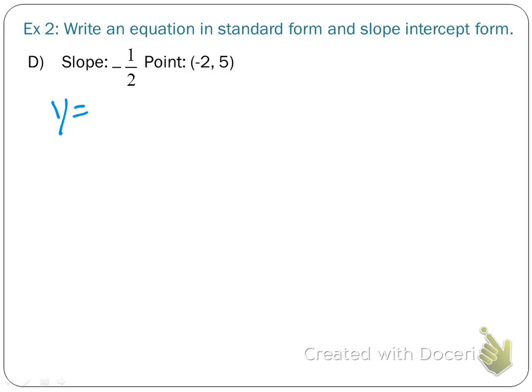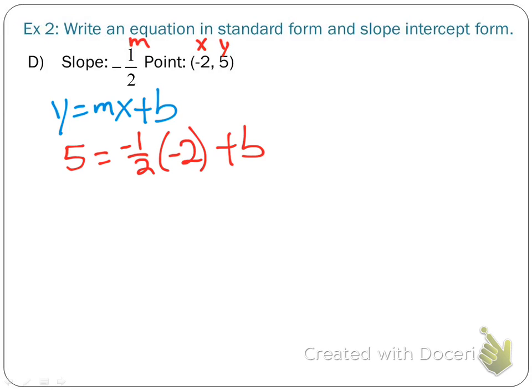Slope intercept, so y equals mx plus b. What am I doing? Where? 5 equals negative 1/2 times negative 2 plus b.